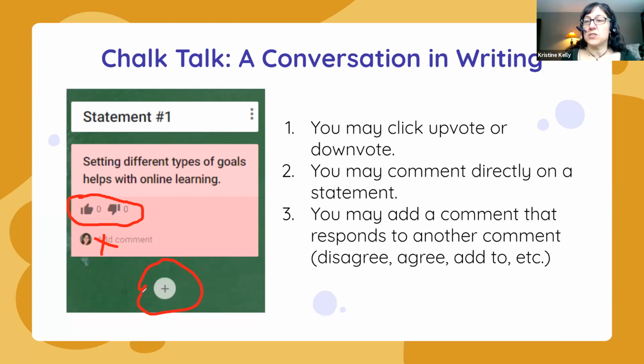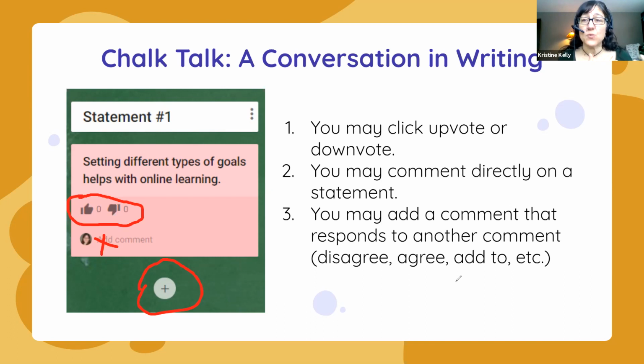So it works very much like social media, where people can comment, people can like or dislike something. We don't necessarily get to draw connections like we can draw arrows on the flip chart paper, but students can at least say I agree, or they can make a comment where they disagree, or they can add to it.